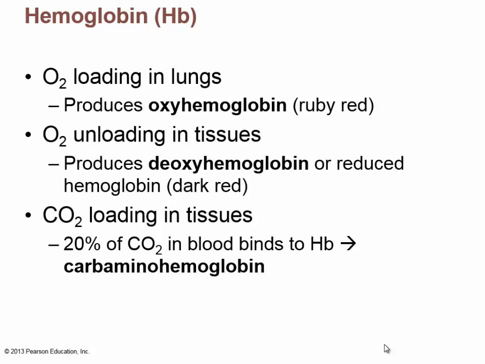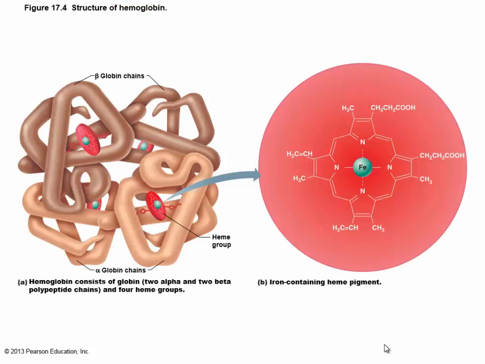Now, after we drop off oxygen at tissues, we can also pick up carbon dioxide. When these hemoglobins pick up lots of carbon dioxide, it produces something known as carboaminohemoglobin. The carbo is for the carbon dioxide, amino because carbon dioxide does not bind to the iron. It binds to some of the amine groups. They don't really show them on here, but some of the ends make up the amine groups.